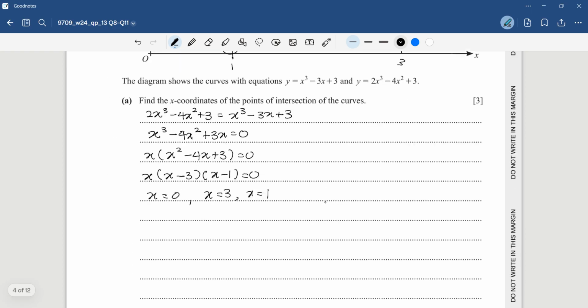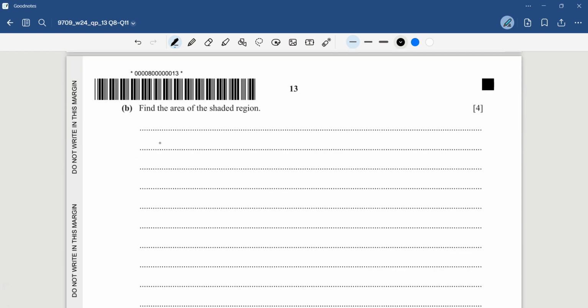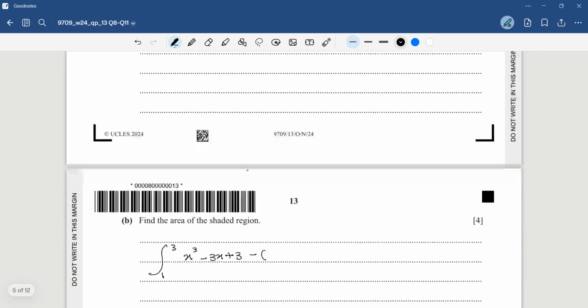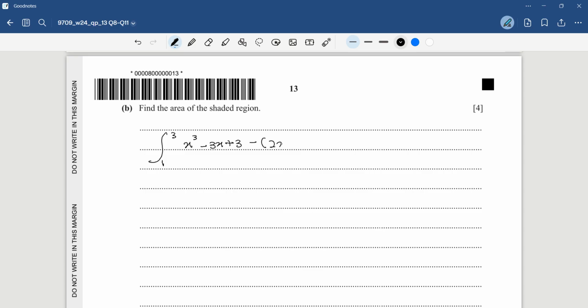So it's going to be the integral from 1 to 3, and the top curve is x³ − 3x + 3 minus the bottom curve, which is 2x³ − 4x² + 3, dx.